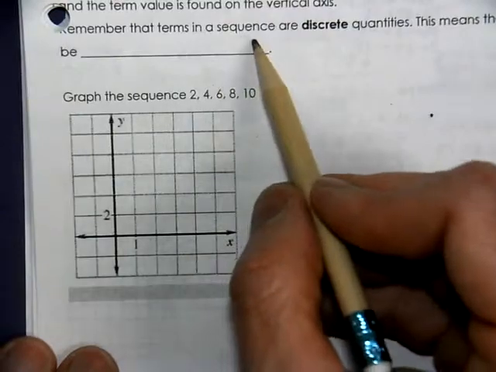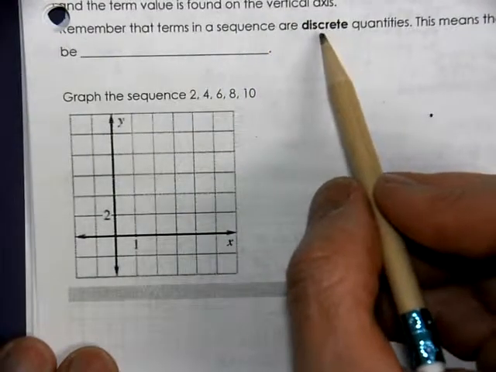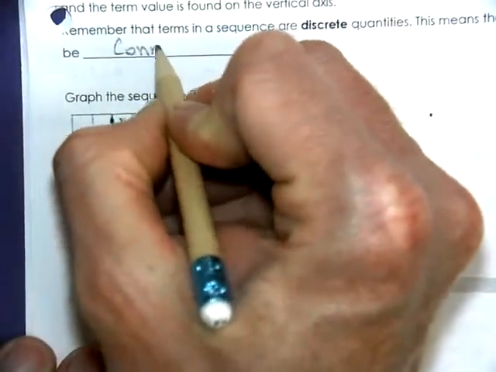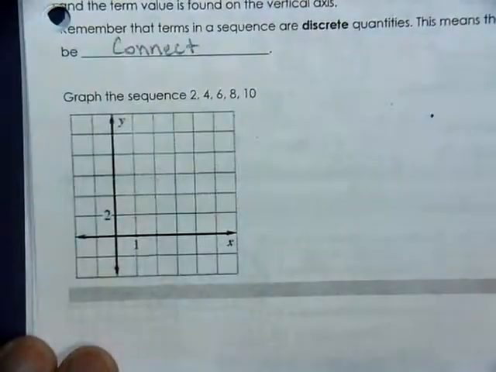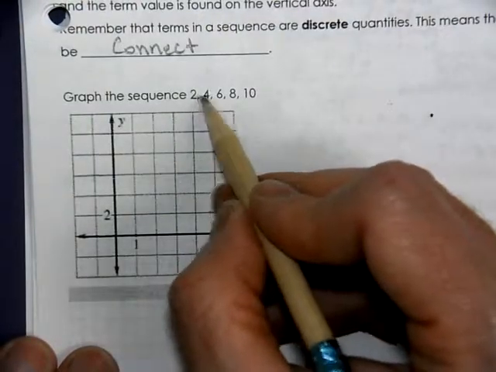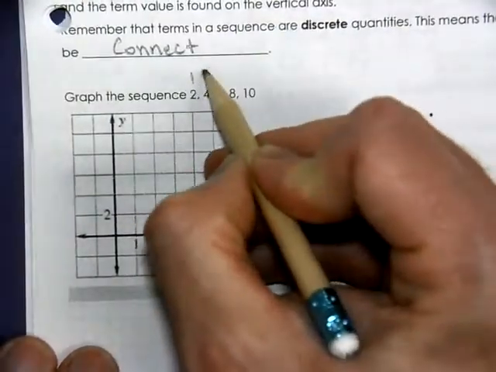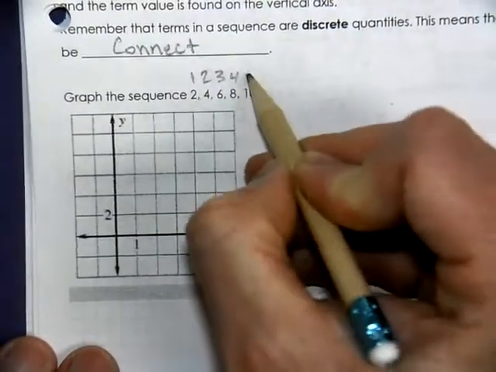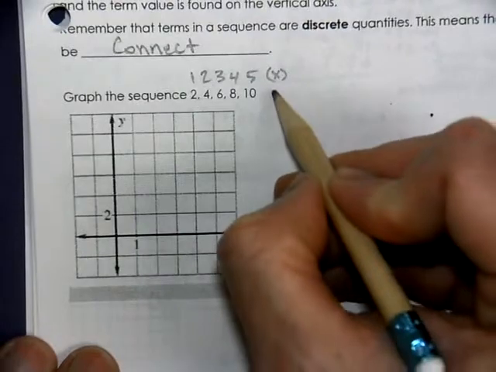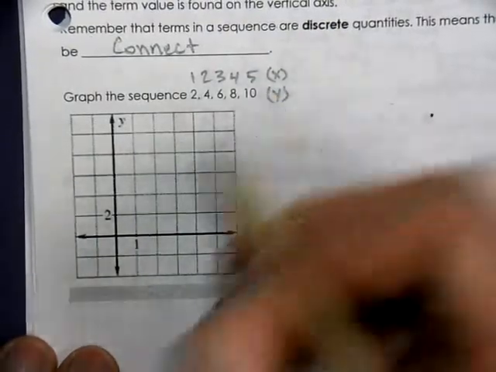Remember that terms in the sequence are discrete quantities. Therefore, we will not connect the dots together. So if this is the sequence that we're going to graph, our first term, second term, third term, fourth term, and fifth term, these are our x values. These would be considered our y values.